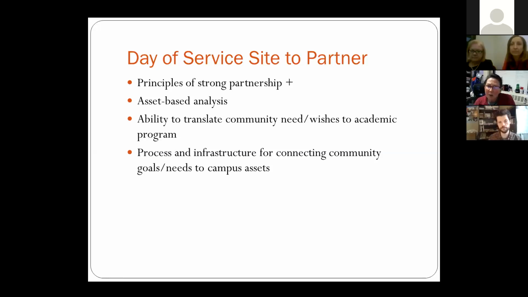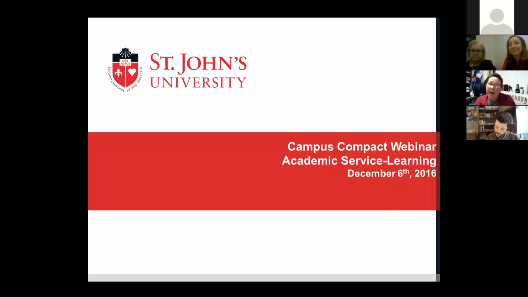And also pay attention to the language that indicates translation, and think about the overarching processes and infrastructure, as well as the micro processes that have helped to develop the relationships with community partners, leveraging one day's service opportunities.